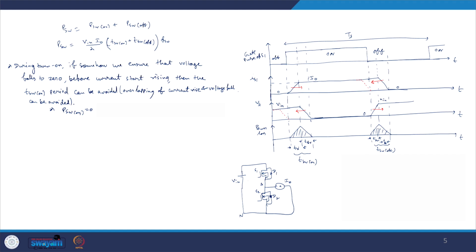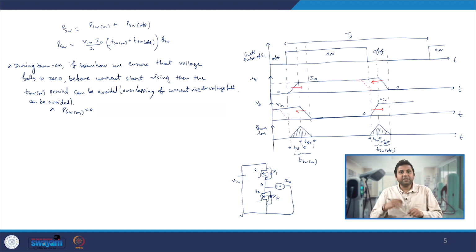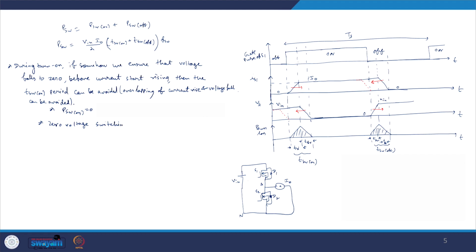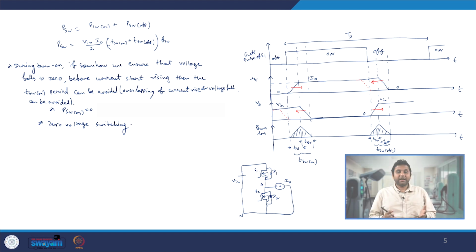Now this particular scenario, since we are ensuring the voltage goes to 0 before the current rises, is called zero voltage switching, abbreviated as ZVS, since we are switching with 0 voltage.